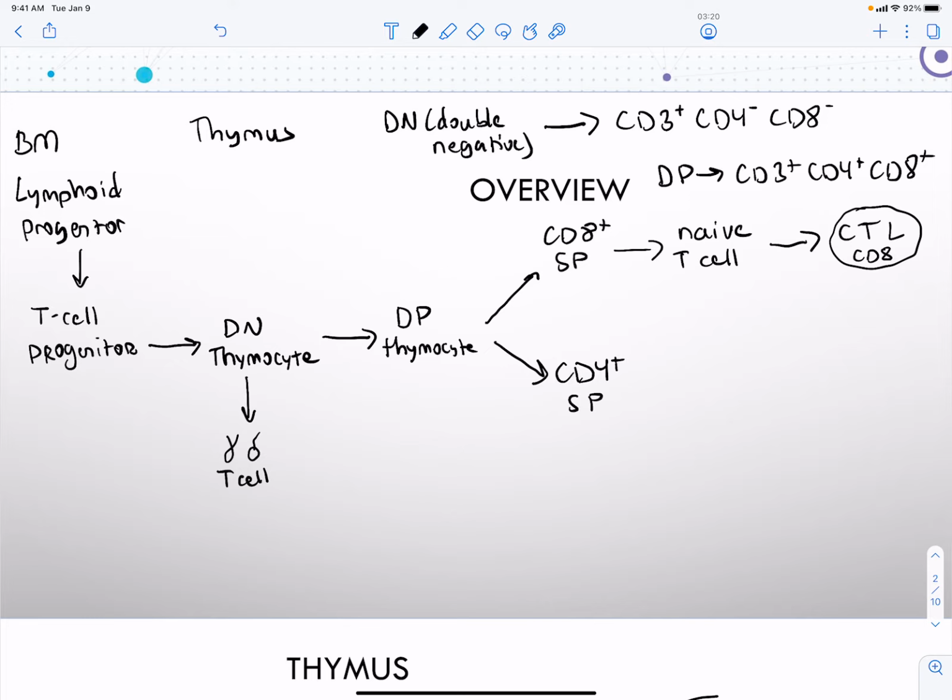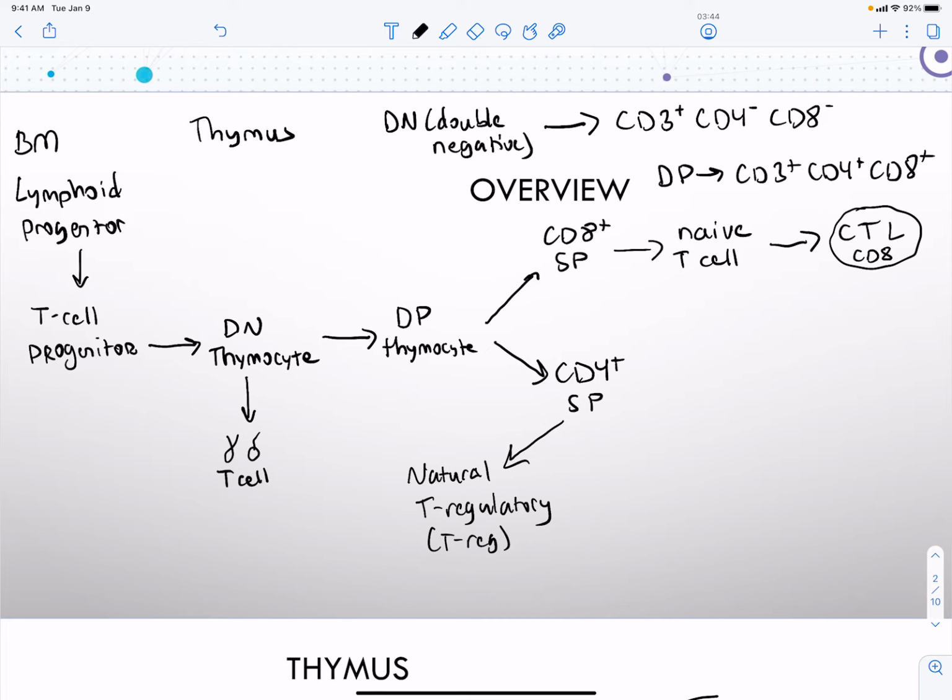CD4s have a bit more that can go on. Our CD4 single positive can become a natural T regulatory cell. Now, natural T regulatory simply just means that it was generated in the thymus.